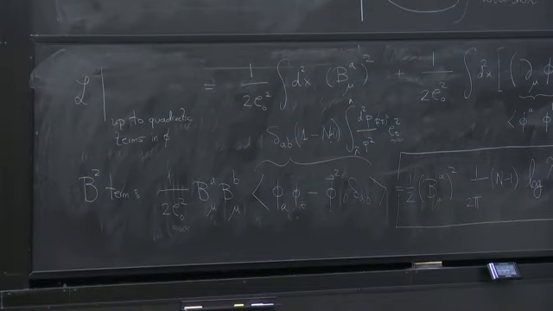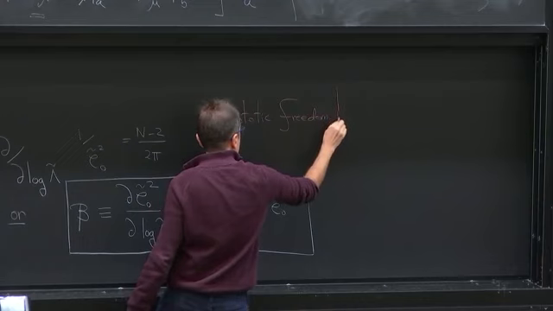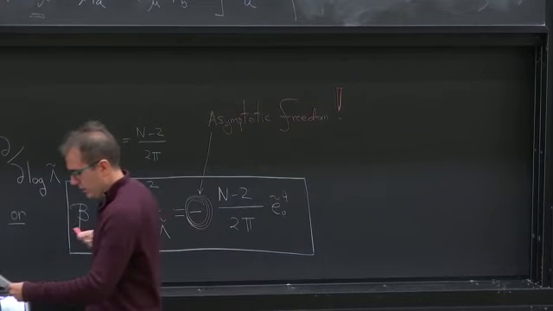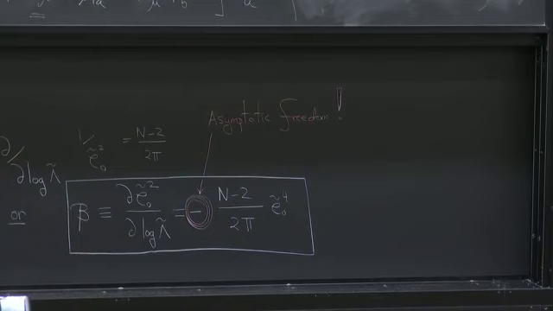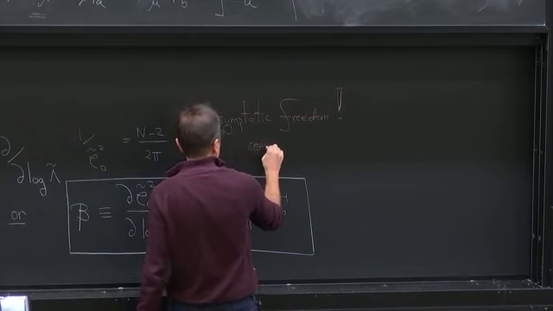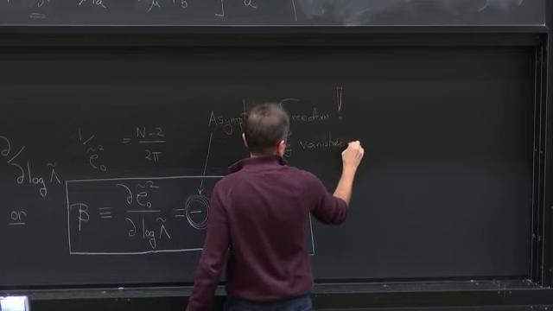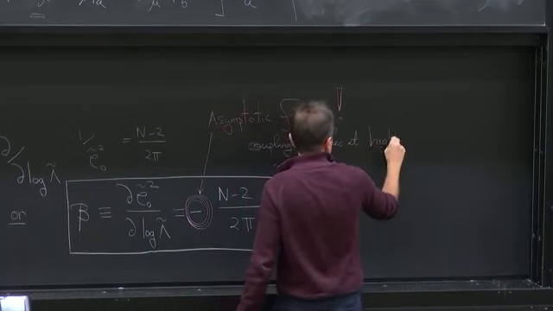And this minus sign here is crucial. This minus sign here that we just got is what is called asymptotic freedom. So what this sign means is that the coupling vanishes at high energy.